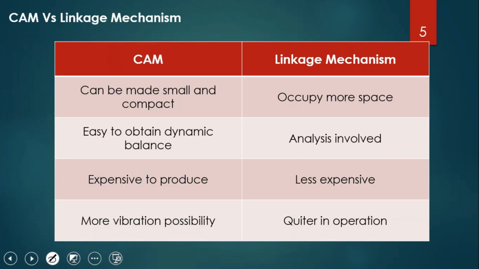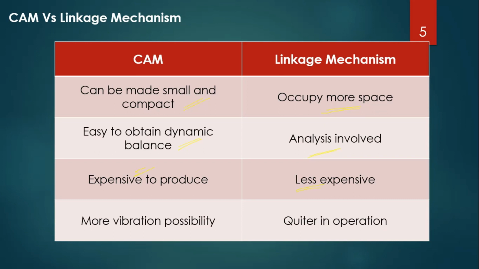And it's a very simple comparison between cam and linkage mechanisms. A cam occupies only little space, whereas a linkage mechanism occupies more space. It's very easy to obtain dynamic balancing for a cam, whereas for a linkage mechanism a lot of analysis is needed to achieve dynamic balancing, right? The production of a cam is an expensive process, whereas manufacturing of a linkage is much less expensive, right?